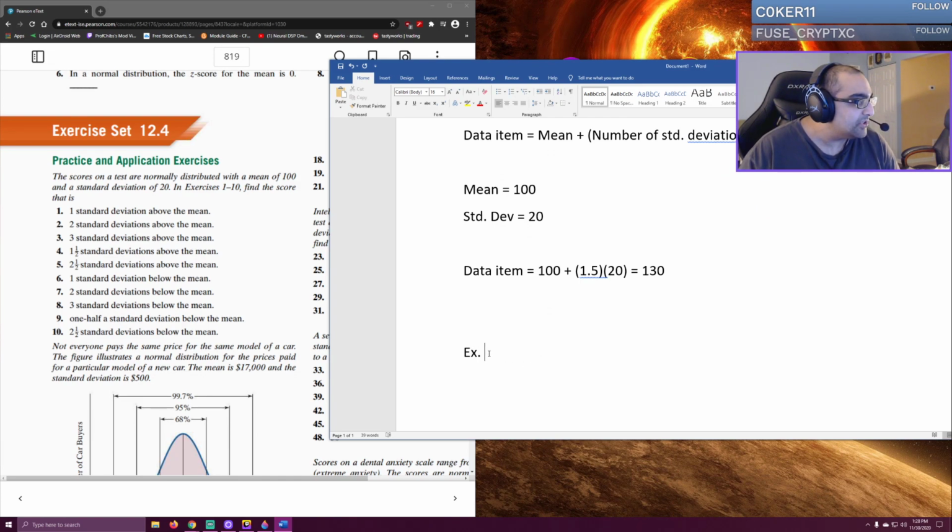So let's look at the next one here. Try 2 standard deviations below the mean. Again, our keyword here is below the mean.